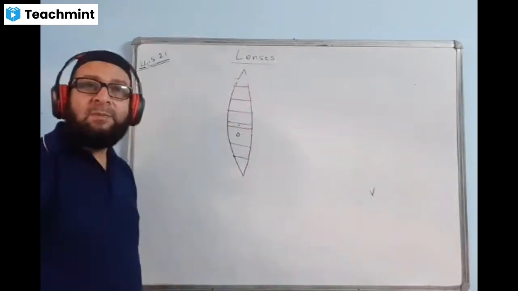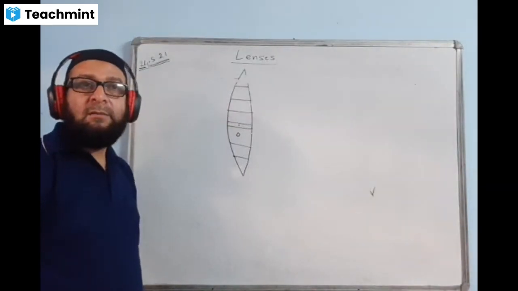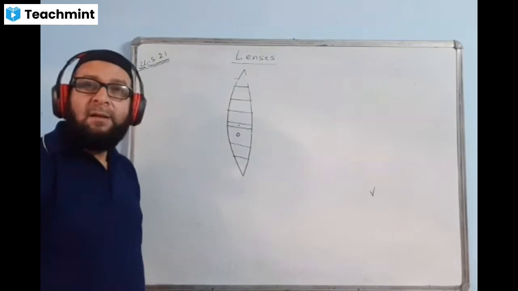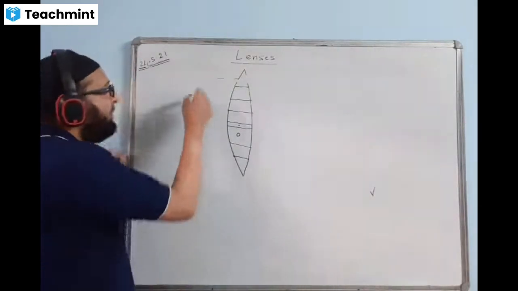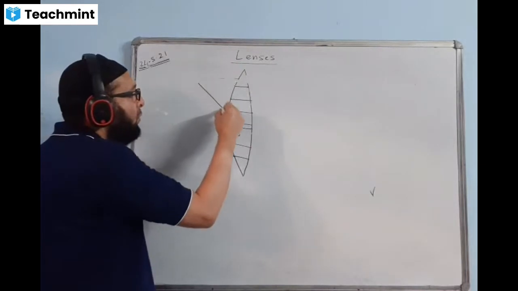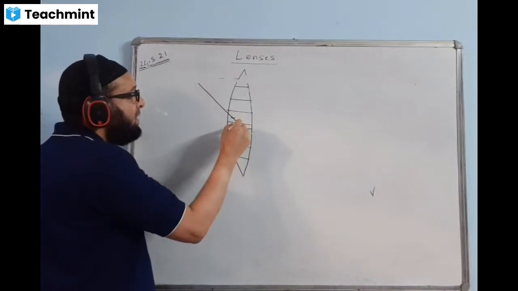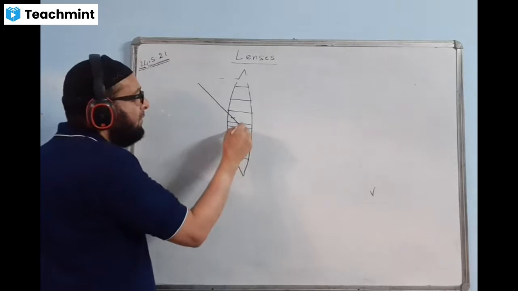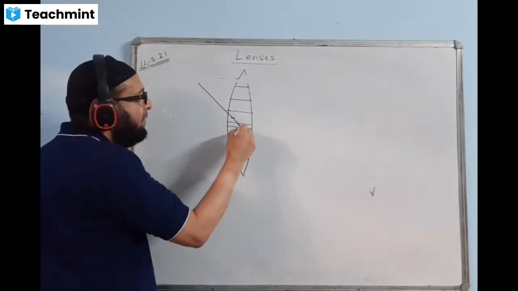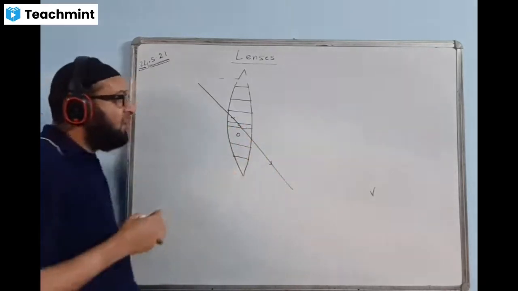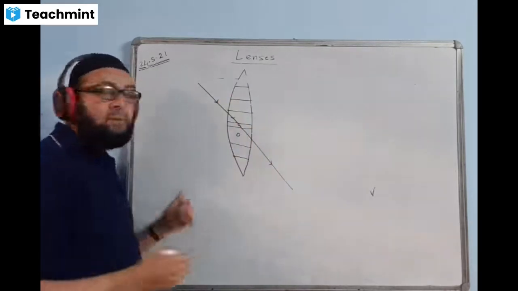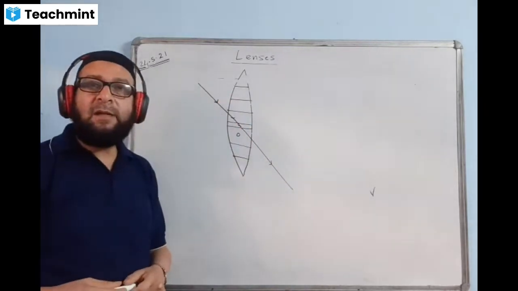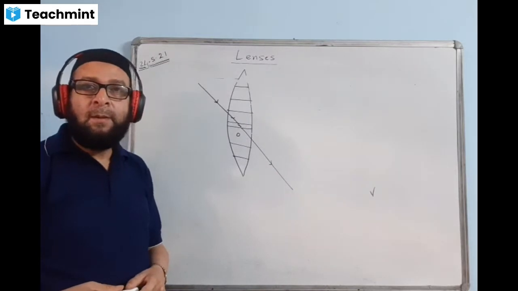And if the rectangular glass block is very thin, the thickness is very less, so the lateral displacement is also very small. That's why a ray of light passing through O will slightly bend and come out as if it is not bending at all. Lateral displacement is negligible, or almost zero.